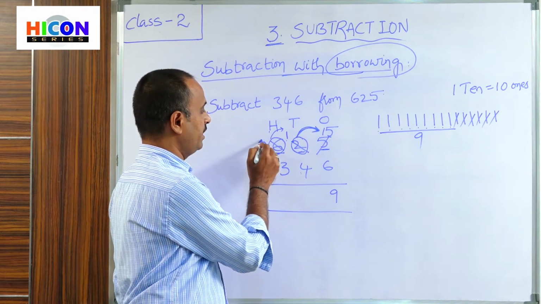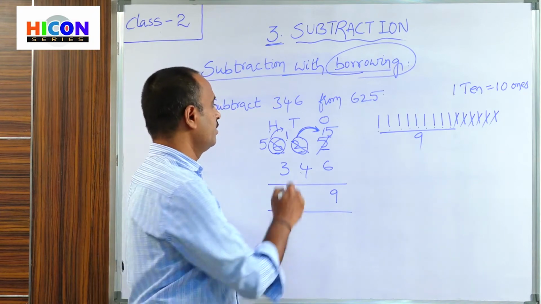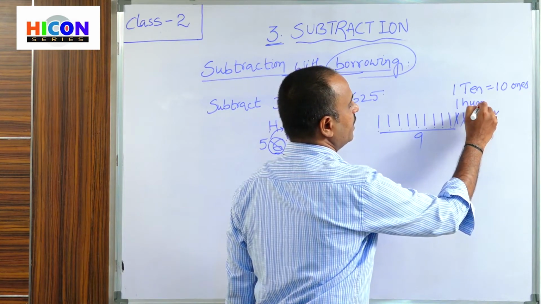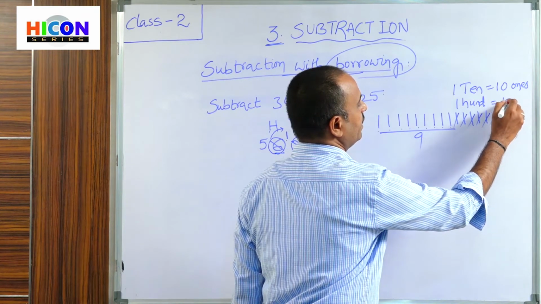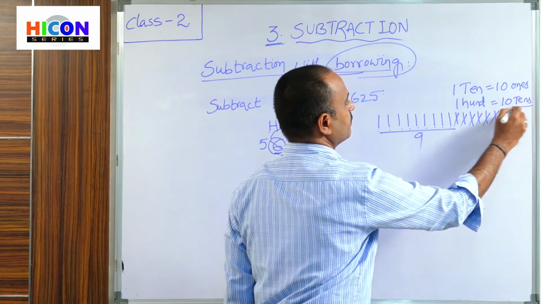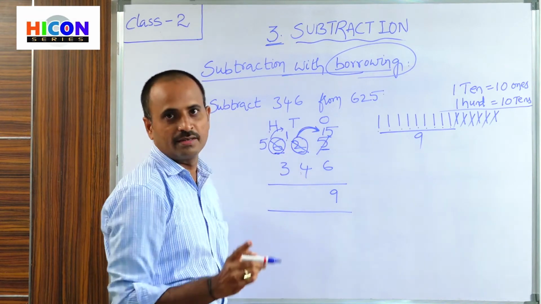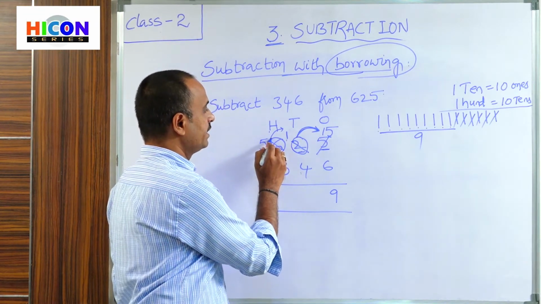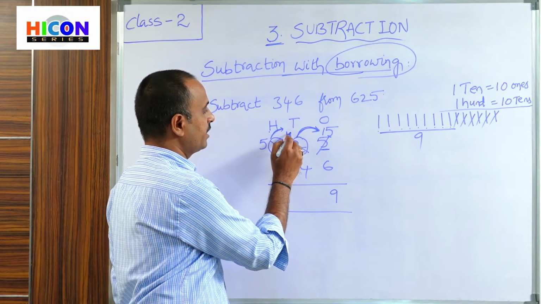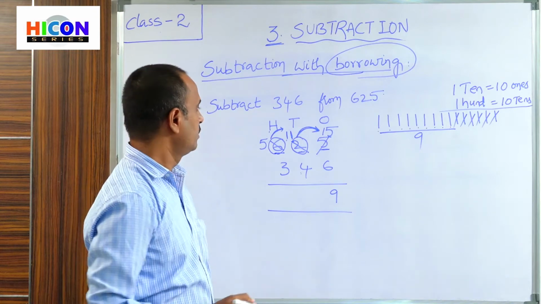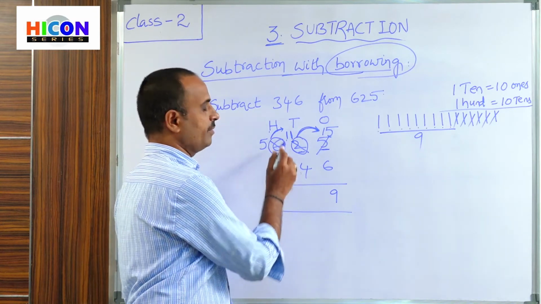There will be 5 hundreds remaining. And 100 becomes 10 tens. So 100 becomes 10 tens. So then already there is 1 ten, and if we carry 10 tens, then it becomes 11 tens. Now subtract. So we can subtract 4 from the 11.